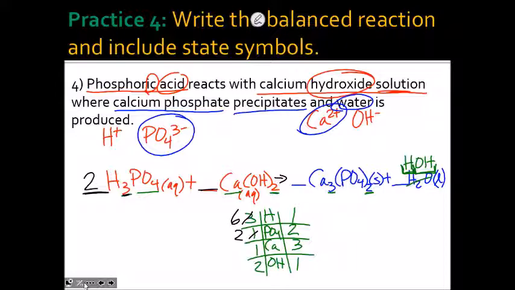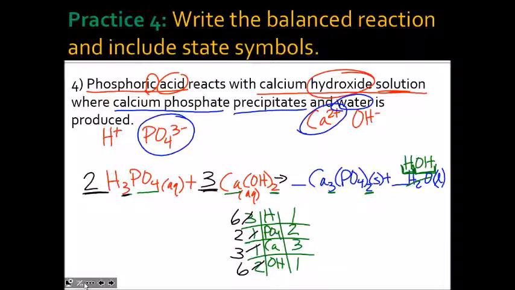Now, what do we need to put here to fix our calciums? Correct. We do need to put a 3 here. So we're going to do that. That goes to 3. This goes to 6. Alrighty.